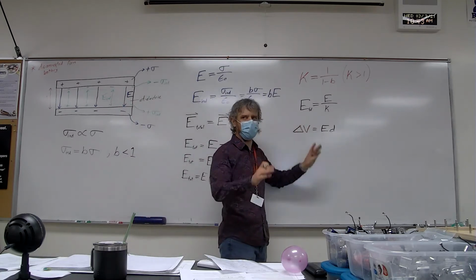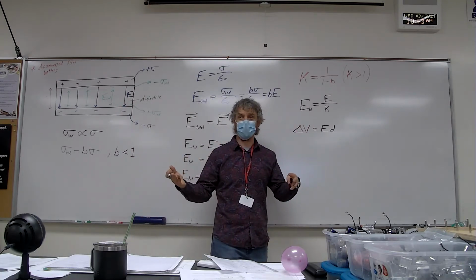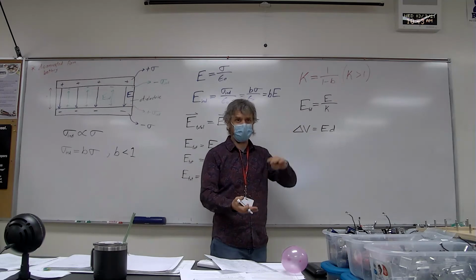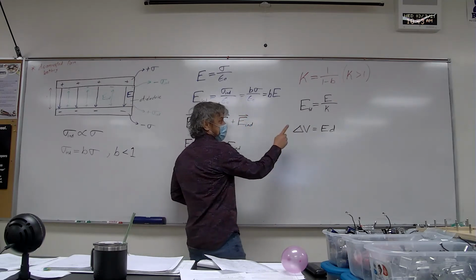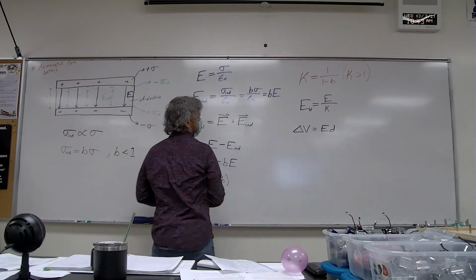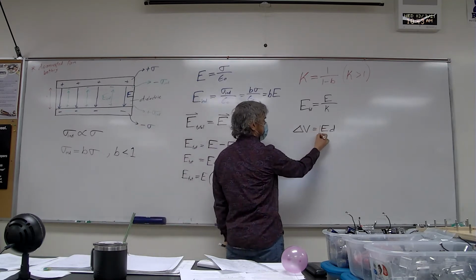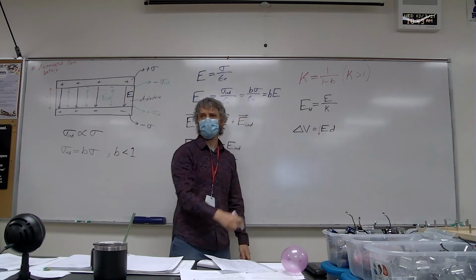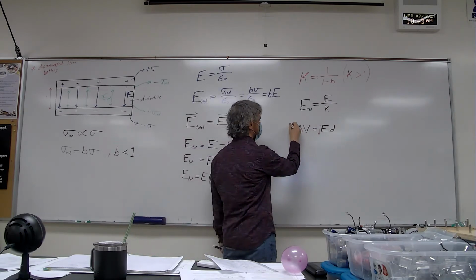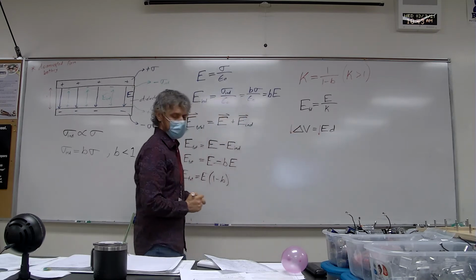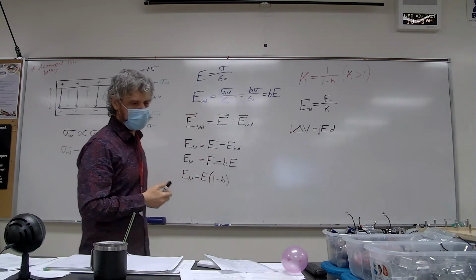But the magnitude of the potential difference is just the electric field times the distance, the capacitor spacing. If the electric field went down, did the capacitor spacing change? No. So what happens to the potential difference? It goes down.